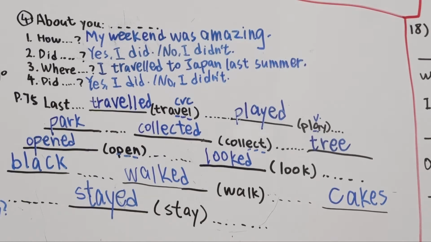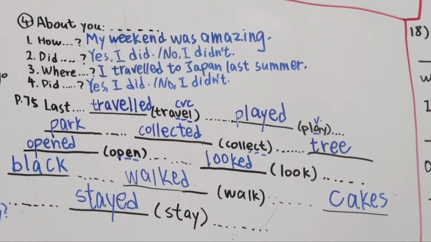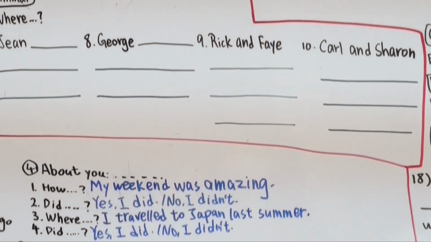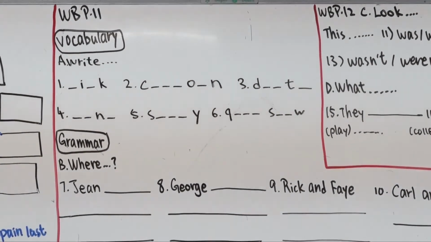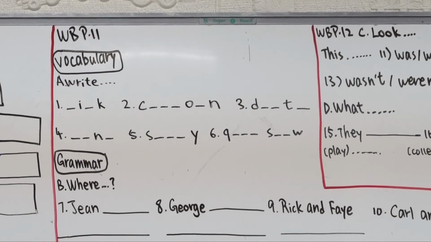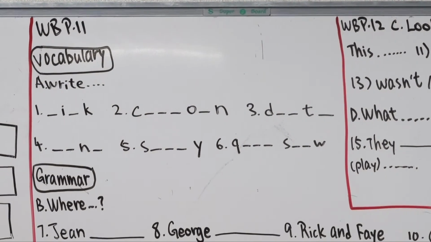If you are done, then let's move on to our workbook part. Actually, here is a progress test where you have to do it by yourself, but it's fine. Let's do it. So vocabulary.